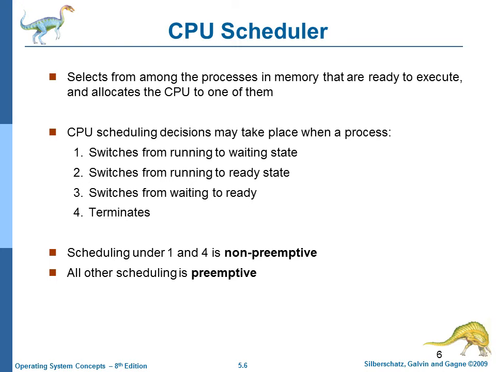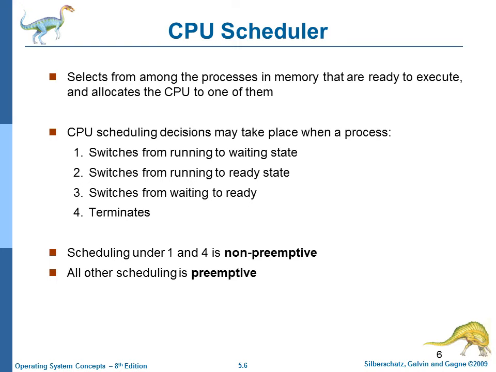Another common case of an interrupt handler is the input-output completion handler. Third, we may need to switch from one process to another when a process switches from waiting to ready.